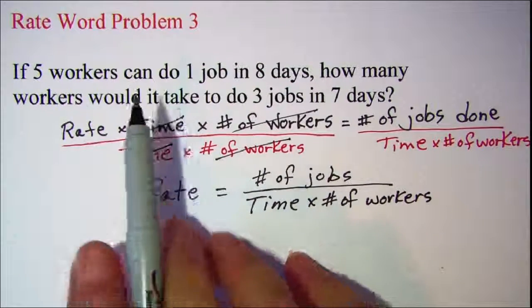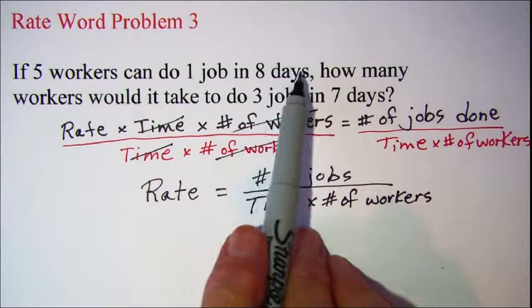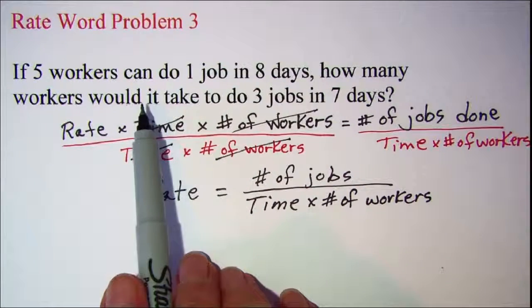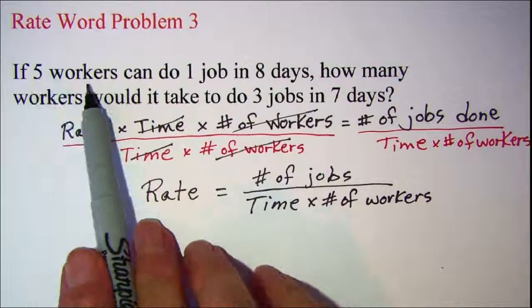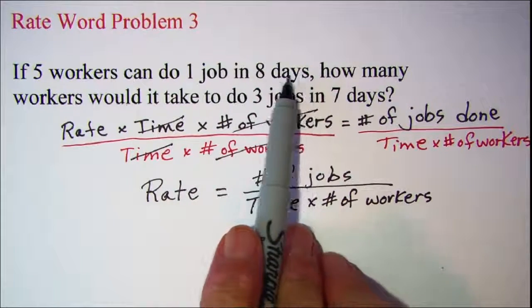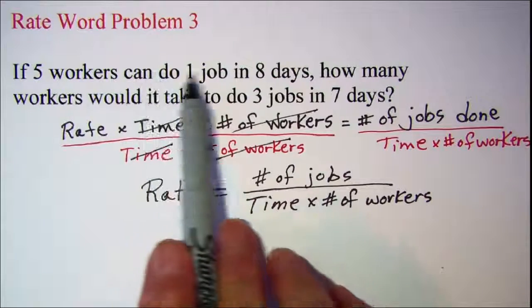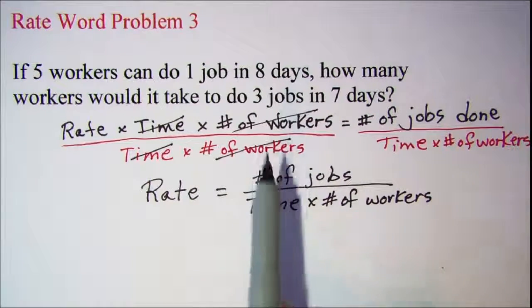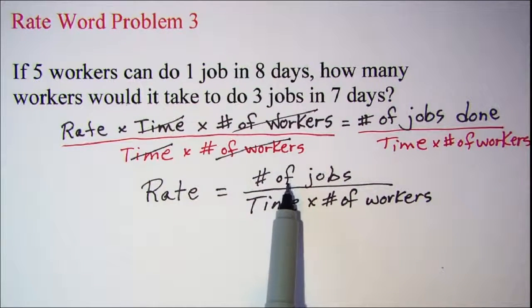All right, so for our problem, we actually have just 2 pieces to this problem. And the first piece, 5 workers can do one job in 8 days. This first piece gives us the rate. So we need to write that in our equation.